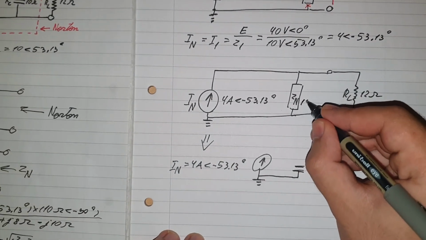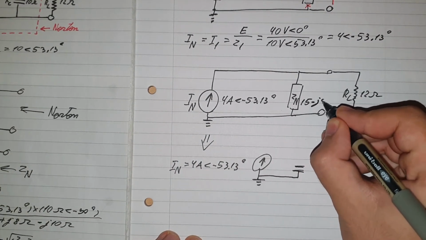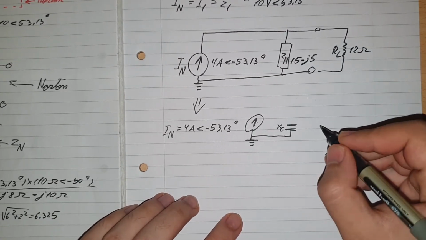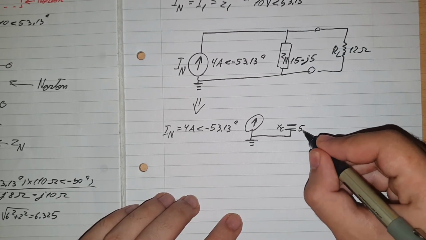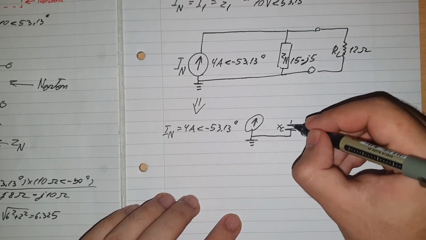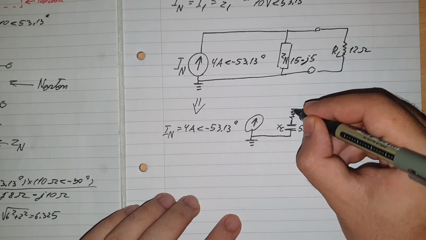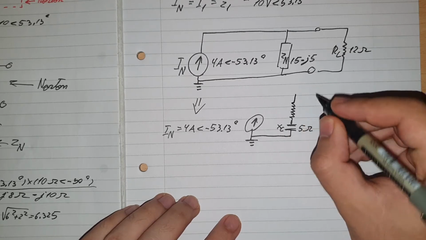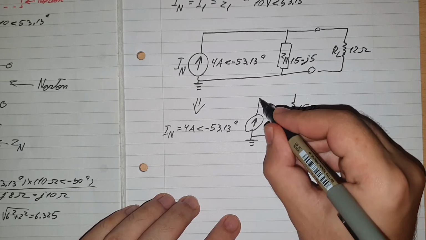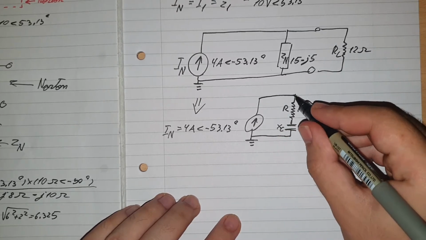This one is supposed to be 15 minus J5. So because minus J5, there will be a capacitor XC with the value 5 ohms. And the real number 15, that one is a resistor. So there's a resistor here, R, and this one will be 15 ohms. And they are connected together here.